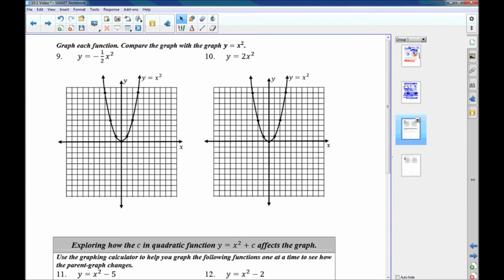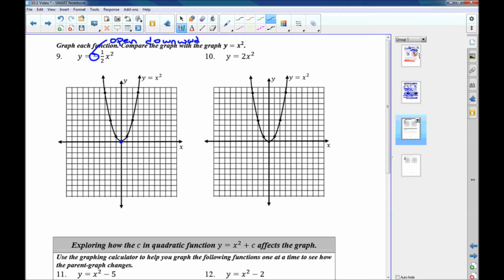Graph each function and compare the graph with the graph y equals x squared. In number 9, y equals x squared is already done. We know from this negative here that this should make our new graph open downward. We haven't moved the vertex at all, so our vertex is going to stay right here.